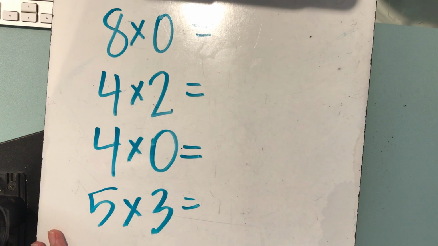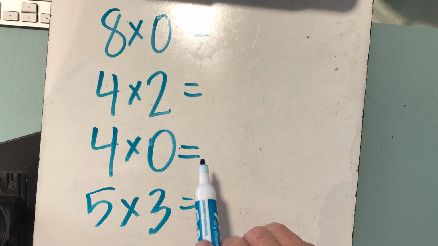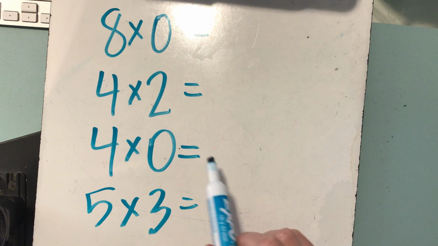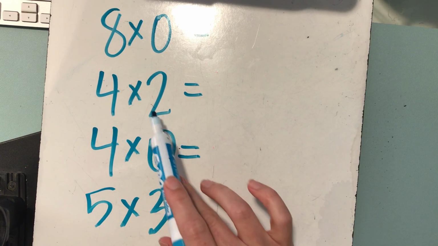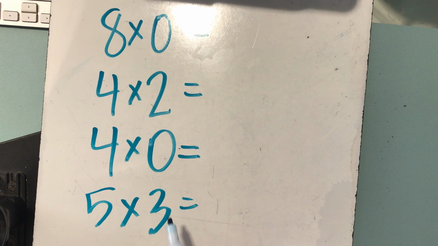You have 8 times 0, so solve that one on your whiteboard. Write out the whole problem, not just the answer. 4 times 2, what's that answer? 4 times 0, what's that answer? And 5 times 3, what's that answer? Pause the video and write those down and then solve each of them.